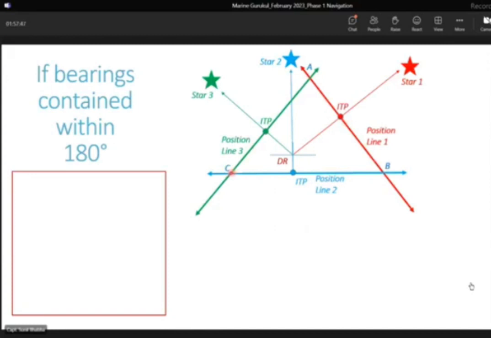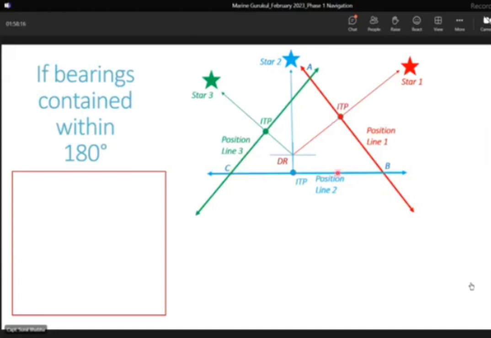Now you will be able to see that our middle PL, the blue color PL, is involved in making two angles of the triangle. These angles are angle Bravo and angle Charlie. Angle Alpha is not associated with our middle PL in any way. Angle Bravo and angle Charlie have the middle PL as one of their arms.